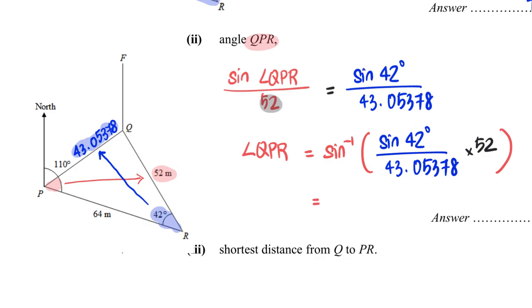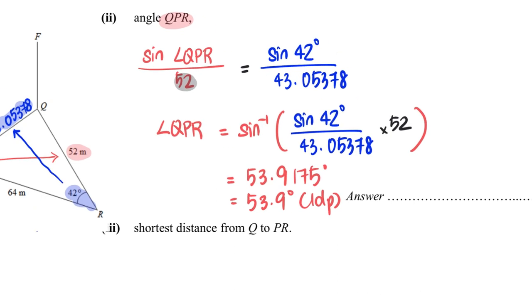Well, this will give me 53.9175, 53.9 degrees to 1 decimal place. Alright.